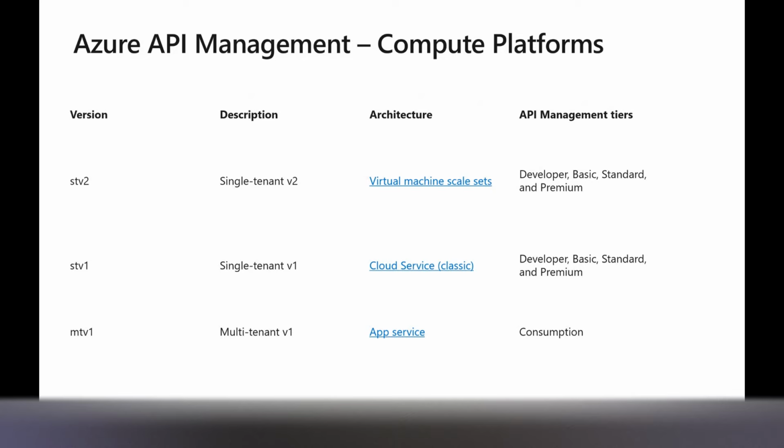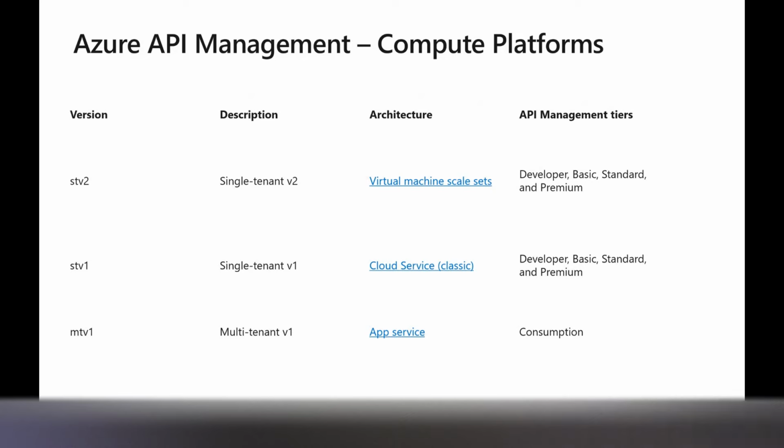If you have a consumption instance, it is running on App Service behind the scenes. If you have the old API instances, they must be running on Cloud Service. If today you go in and create an API instance from the portal, it will be running on VM scale sets.